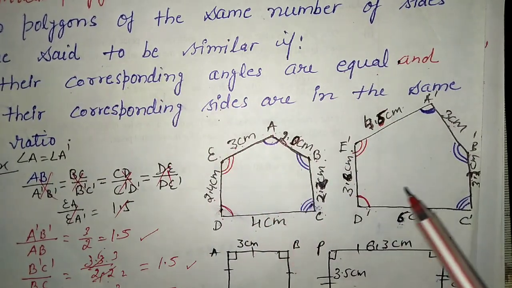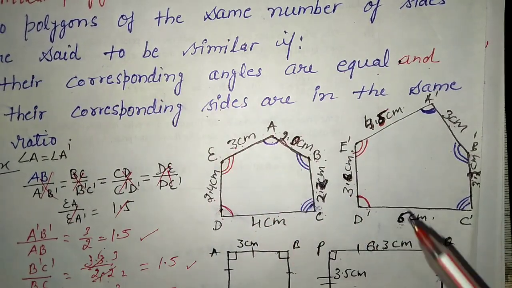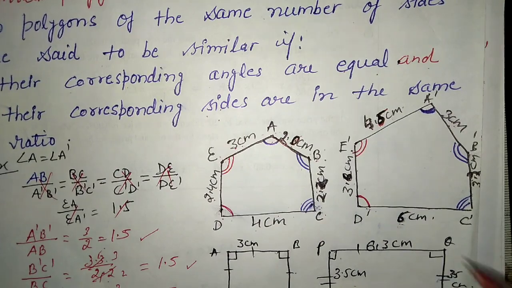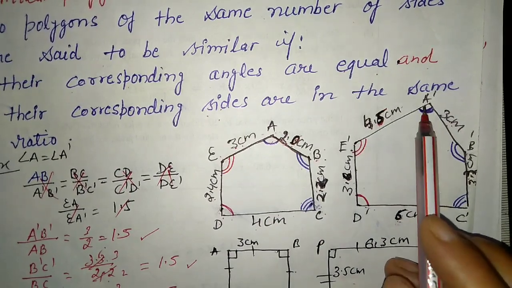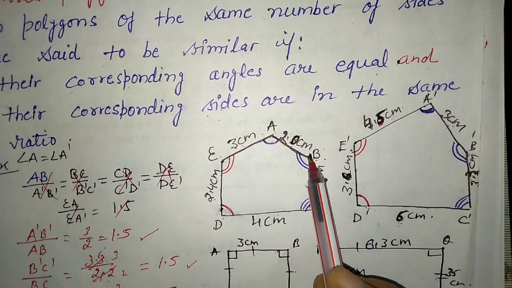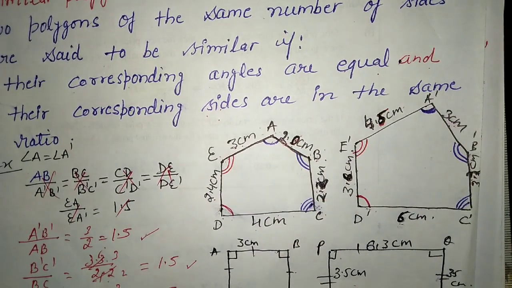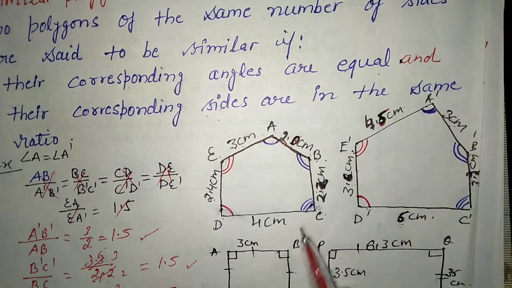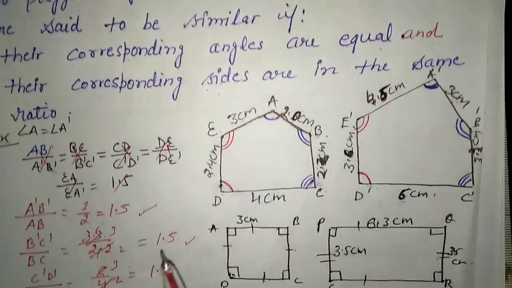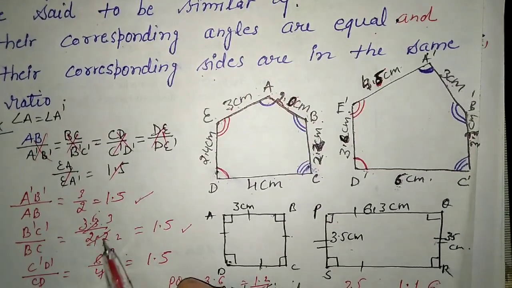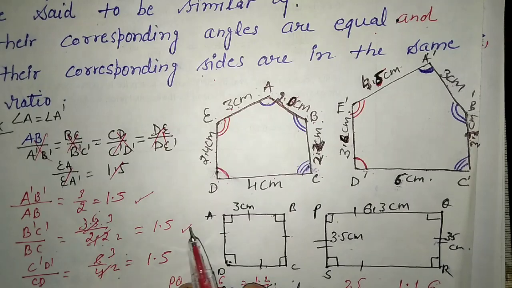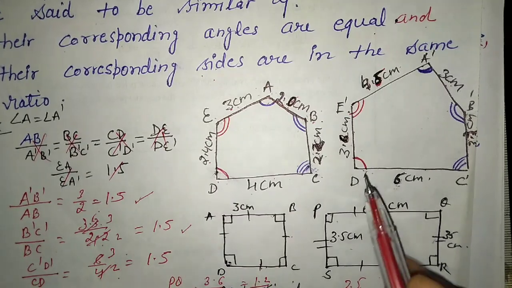Now let us check whether the corresponding sides are in the same ratio. First, A dash B dash upon AB is 3 upon 2, which is 1.5. The second side, B dash C dash upon BC, is 3.3 upon 2.2. Removing the decimal, 11 twos are 22 and 11 threes are 33, so it is 3 by 2, that is 1.5 again.